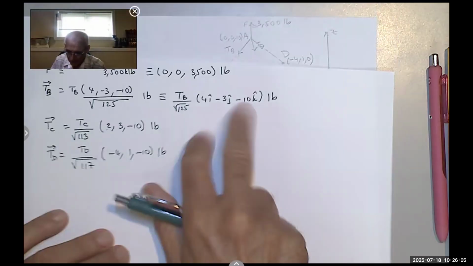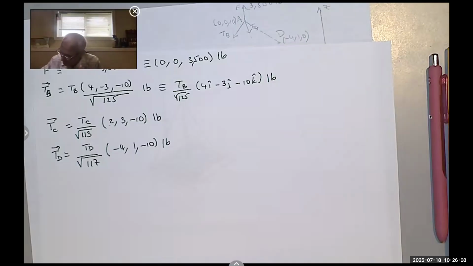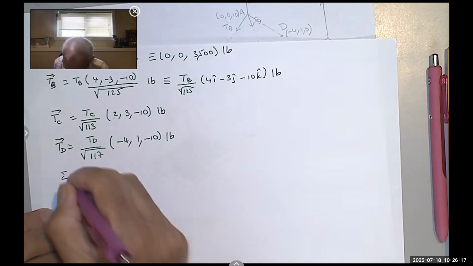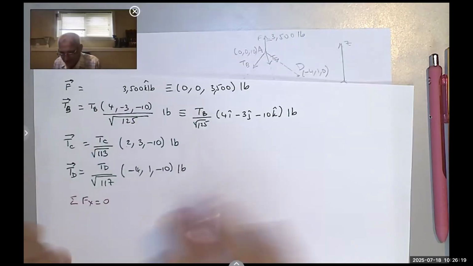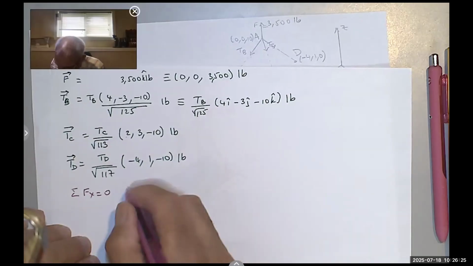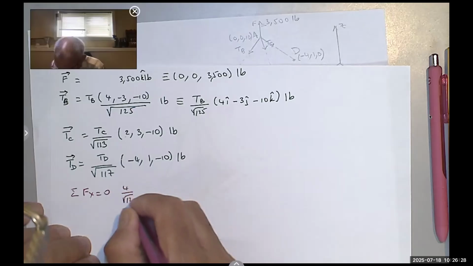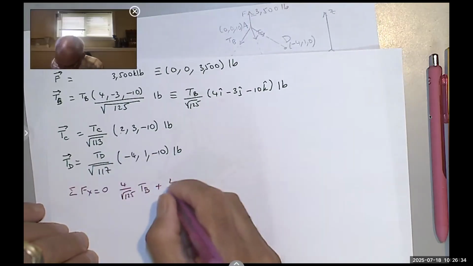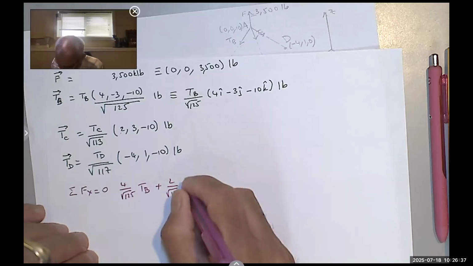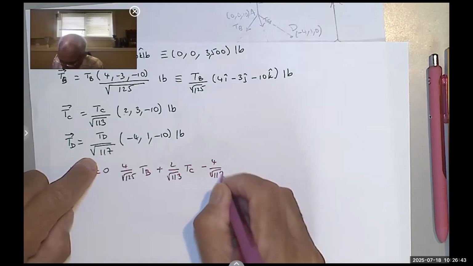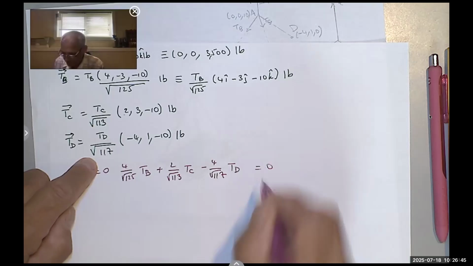So I wrote all my forces in component form. Now we are going to write the 3 equations of equilibrium. Summation of the forces in the X equals 0. Along the X, this component is 4 over square root of 125 TB plus 2 over the square root of 113 TC minus 4 over the square root of 117 TD equals 0.